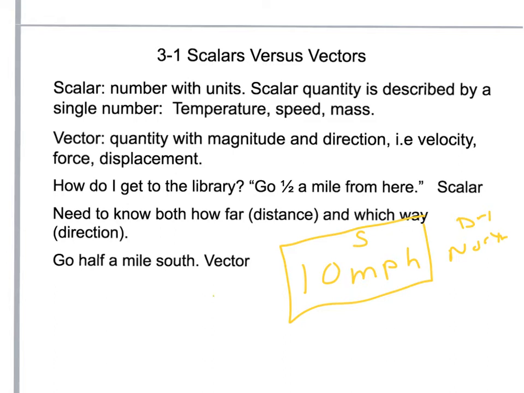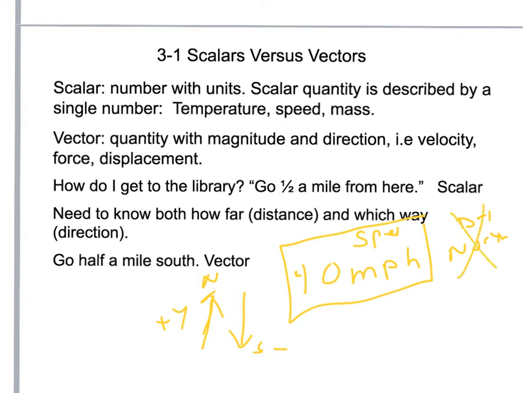So if you define your coordinate system with north as the positive y direction, and you're driving north, then you have positive 10 miles an hour, that's your speed, and your direction is northerly. If you were going this way, that would be south, and it would be negative. So you can put the negative sign there and say negative 10 miles an hour.